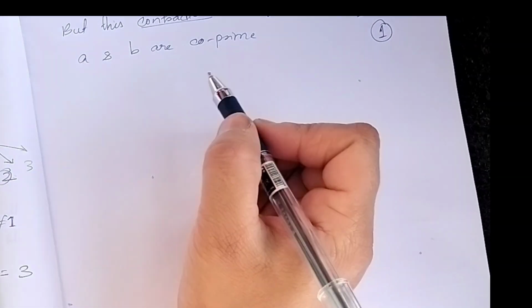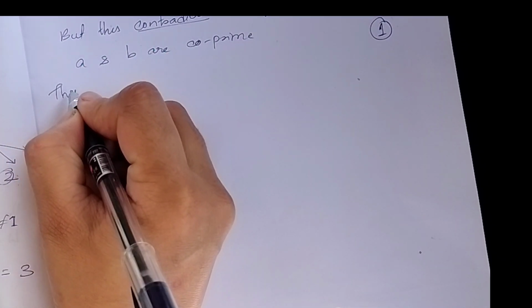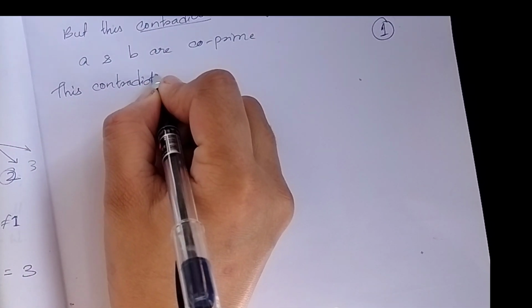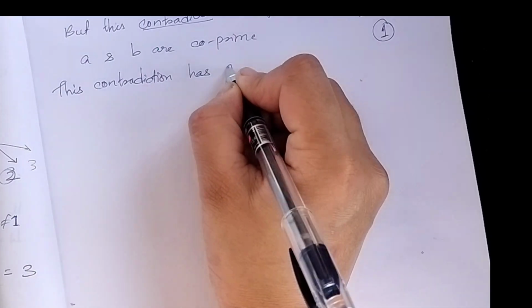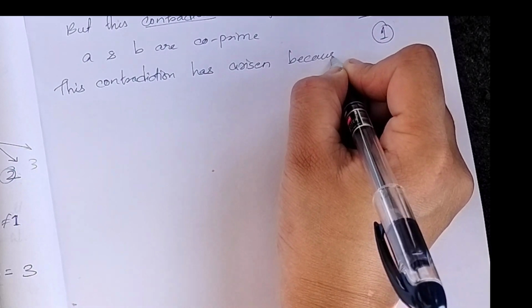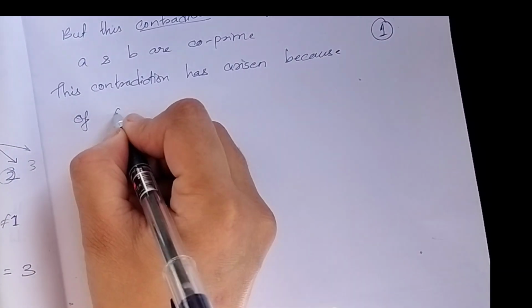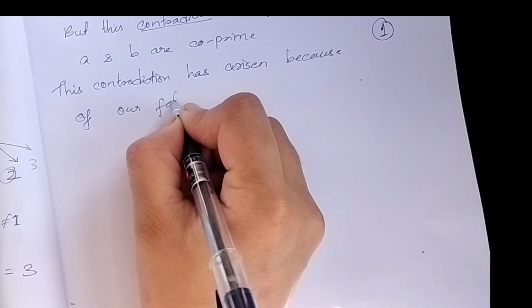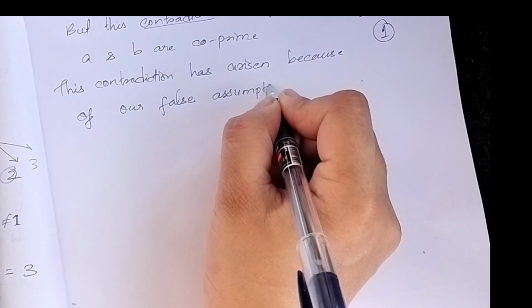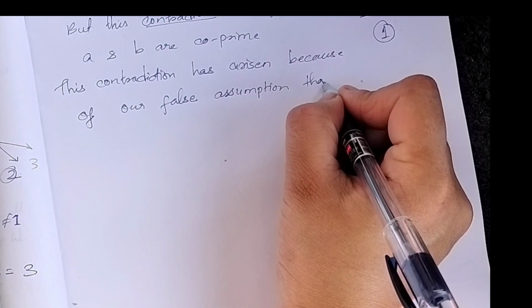So what we can say is why this contradiction has arisen: because of our false assumption. What we assumed, that root 3 is rational.